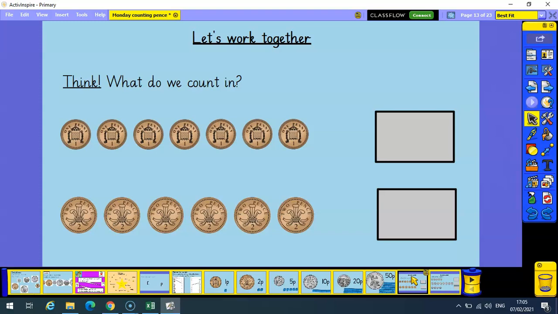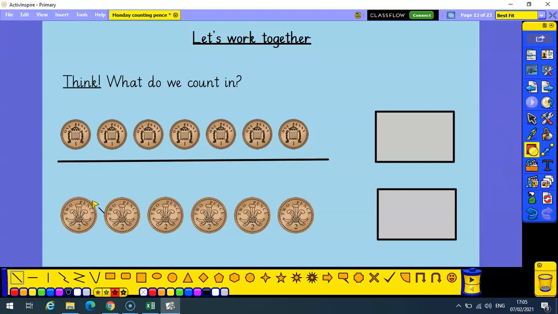Okay. So when we're counting money, we have to remember, by looking at the different coins, what we are counting in. When I am counting 1 pennies, I count in ones, just how I usually count. Can you help me count how much money I have?